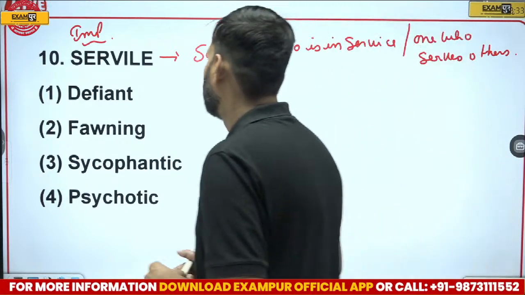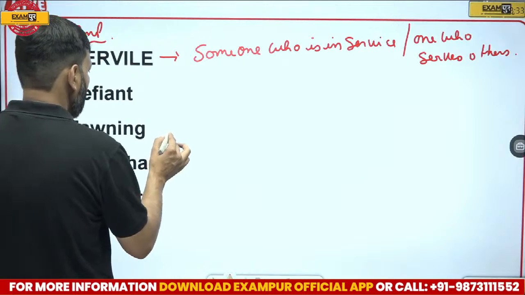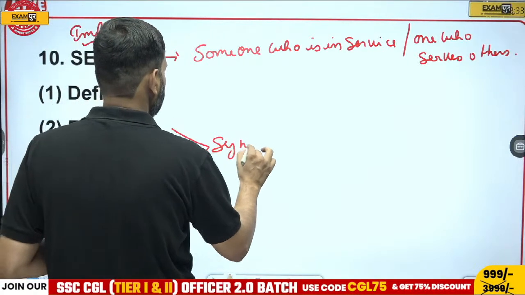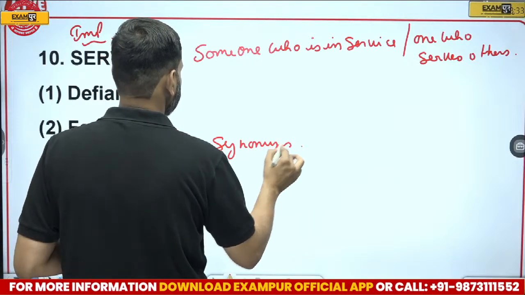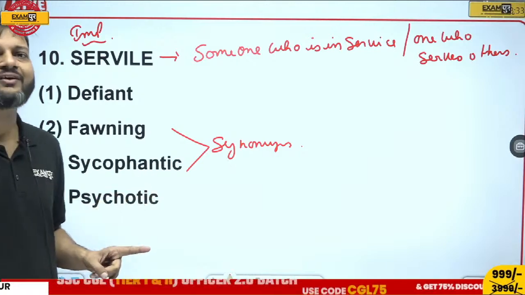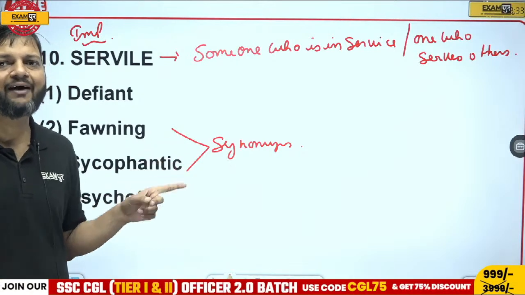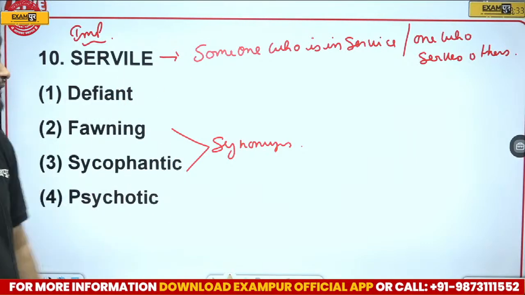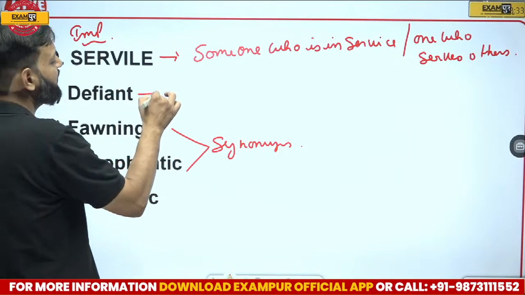Now fawning and sycophantic, these two words are synonyms. They have the same meaning as servile. And defiant is the antonym.